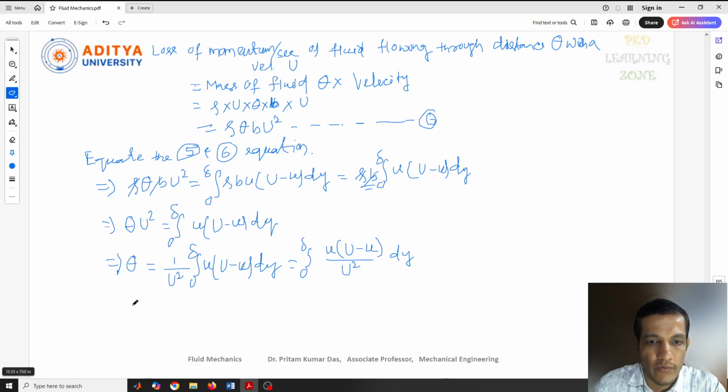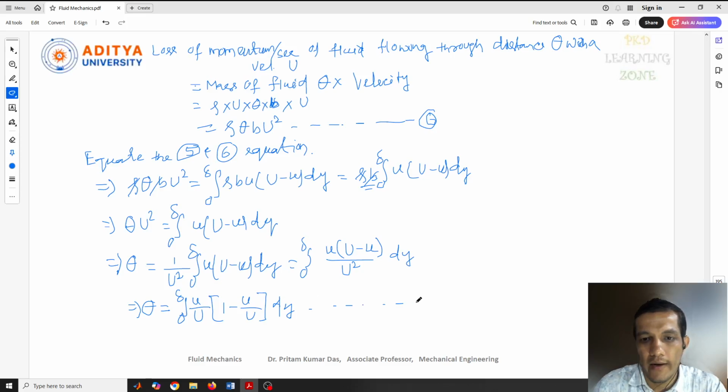To solve it, we take small u by capital U common. Then one U is gone, the remaining is u by U, that is 1, minus small u by capital U, bracket close, and this is dy. So this is our final equation 7, and this is the momentum thickness.